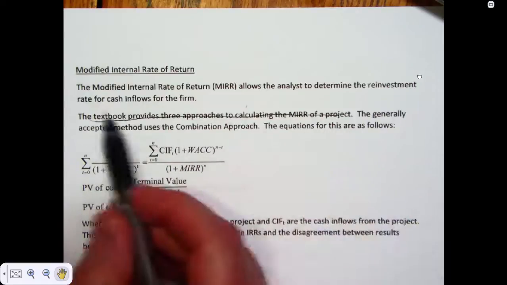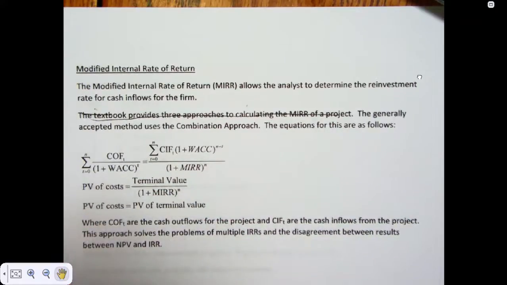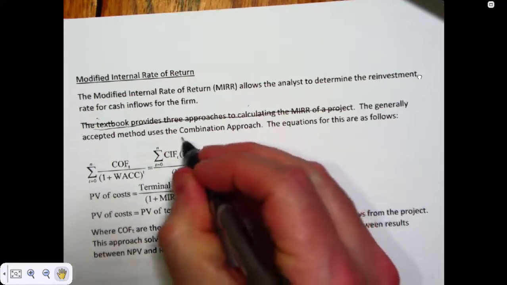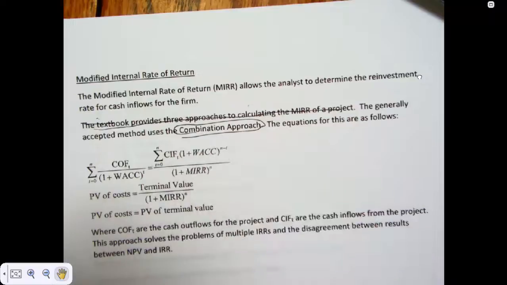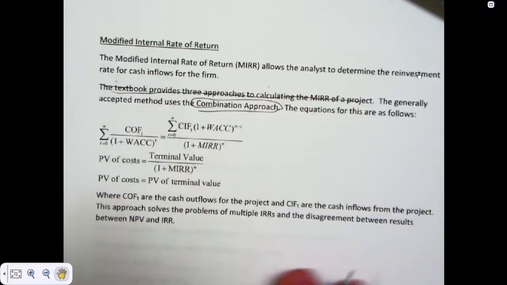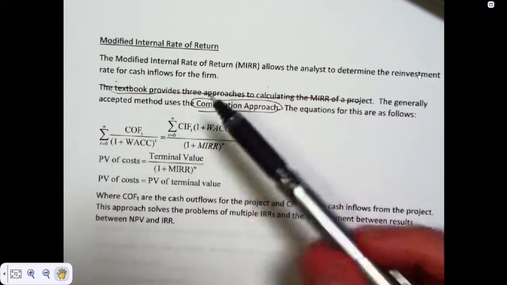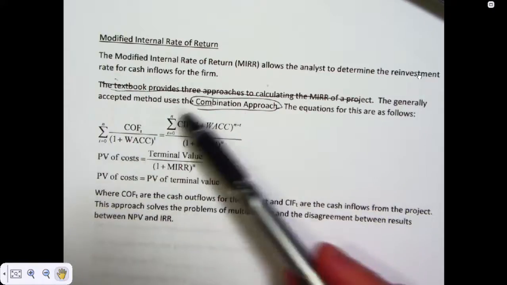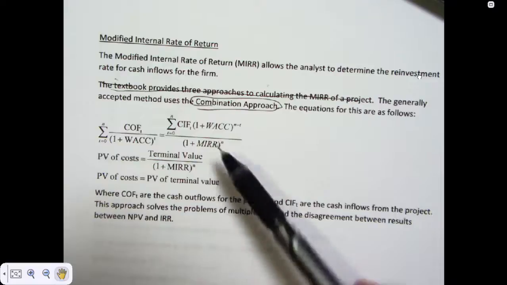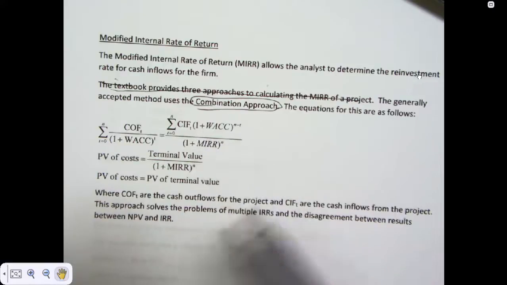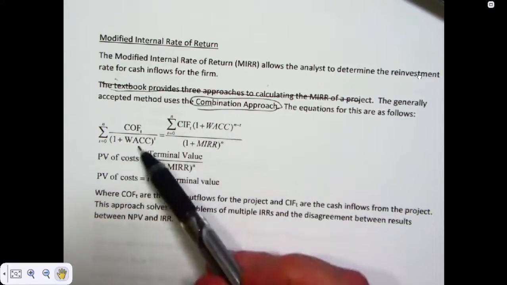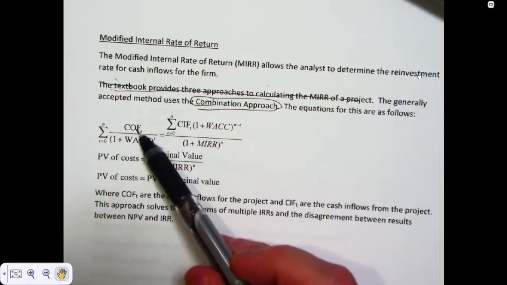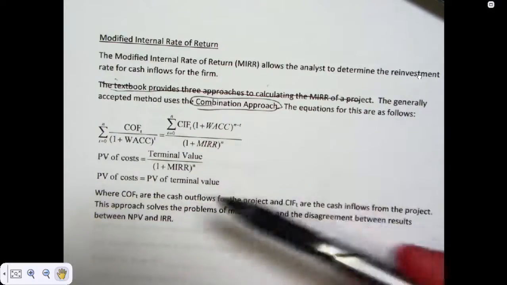There are 3 approaches to calculating the MIRR. We're using the one referred to as the combination approach. The combination approach says that we have cash outflows, those are the negative numbers, and cash inflows, those are the positive numbers, and the weighted average cost of capital. So we take any future cash outflows and discount them back at the weighted average cost of capital.